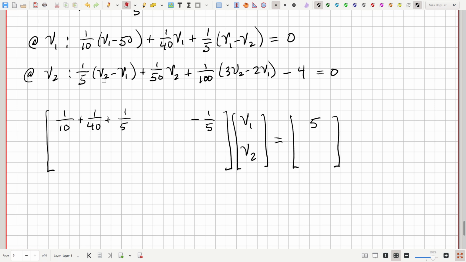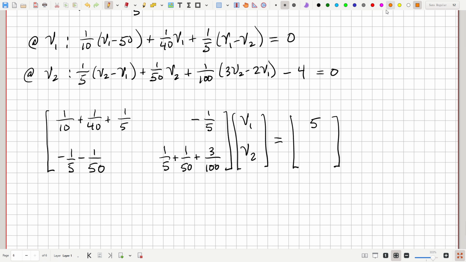Second equation. Let's look at the V1 and V2 terms. For V2, we've got 1 over 5, 1 over 50, plus 3 over 100. For the V1 term, we've got minus a fifth and minus 2 over 100, or minus 1 over 50.